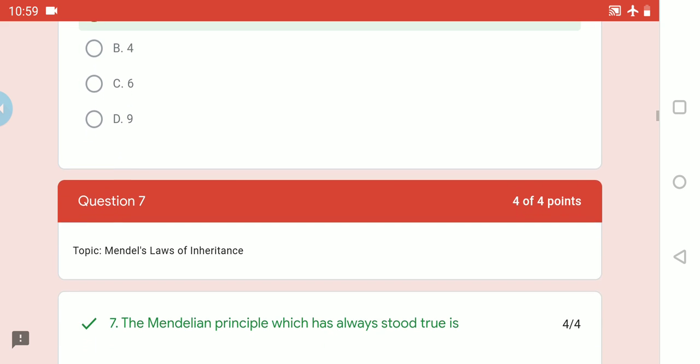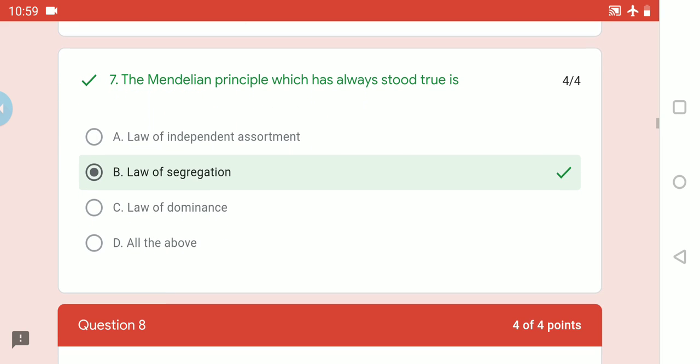The next question is about the Mendelian principle which has always stood true. When we discuss the Mendelian laws of inheritance, the law of independent assortment is not applicable for all cases or all species, and the law of dominance is applicable only in the case of the pea. But when we study the snapdragon or four o'clock plant, it becomes incomplete dominance.